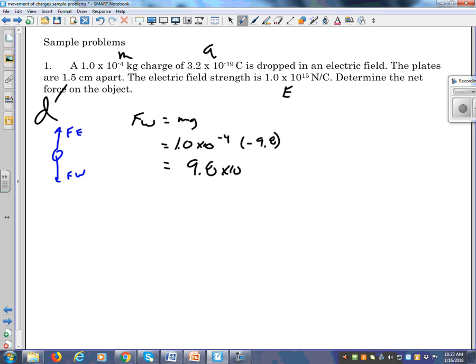Nine point eight times 10 to the minus 4, right? Should be able to do that in my head.